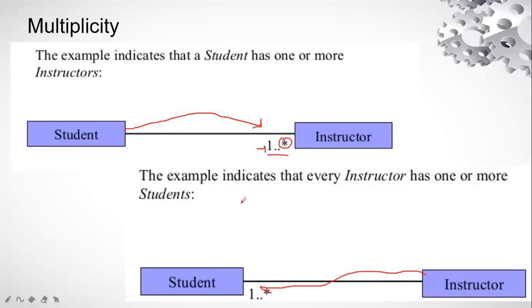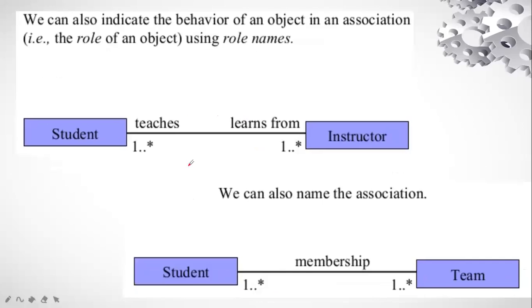This is how multiplicity is shown in the diagrams. Now next, if we have an asterisk here also and here also, this indicates that a student can have one or more instructors, and an instructor can have one or more students.